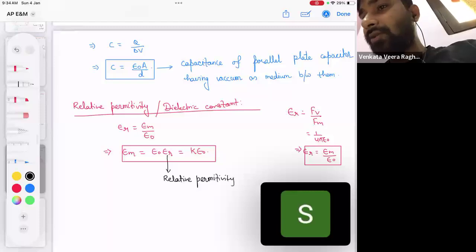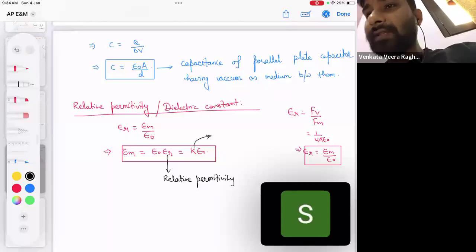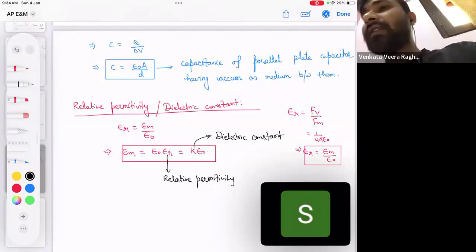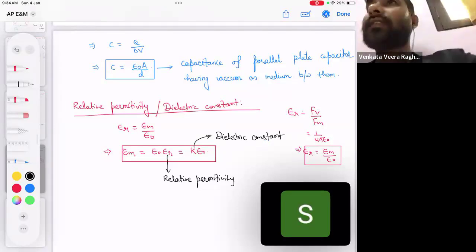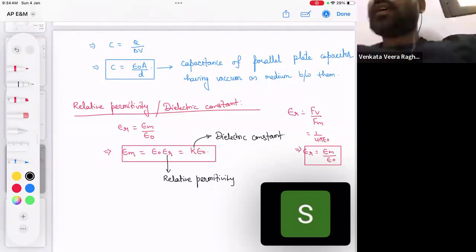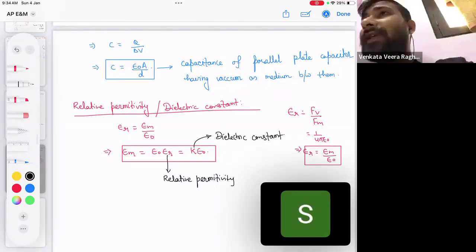Sometimes they will give you a question that the medium between the two plates of a capacitor is filled by a dielectric medium having dielectric constant as something. So that means they have given us the relative permittivity as 5 or the dielectric constant as 5. Both are exactly the same thing, okay?